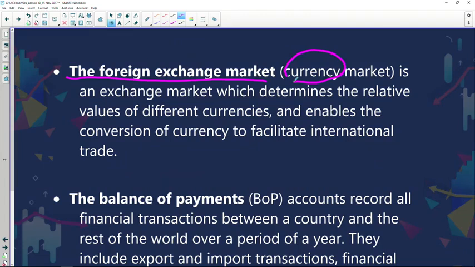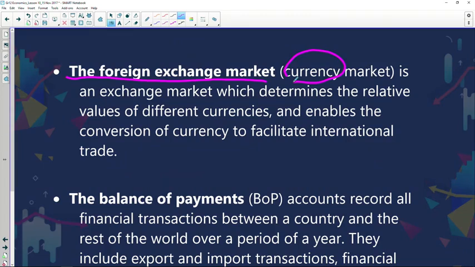And also we know that we have moved away from that system, and we are using the free floating system, where we take the information from the forex markets based on supply and demand. So the foreign exchange market is also known as the currency market.